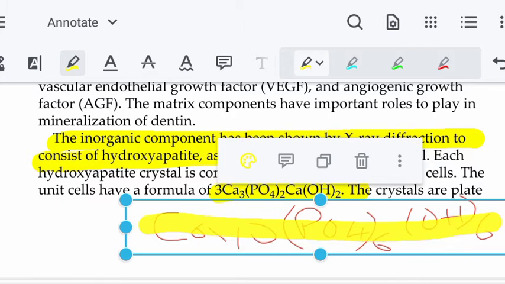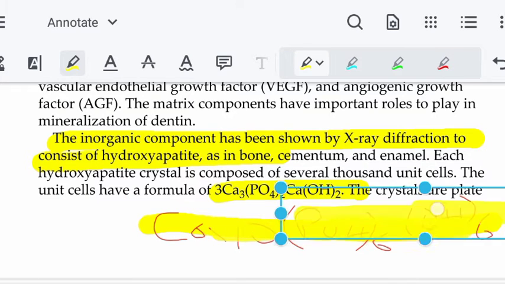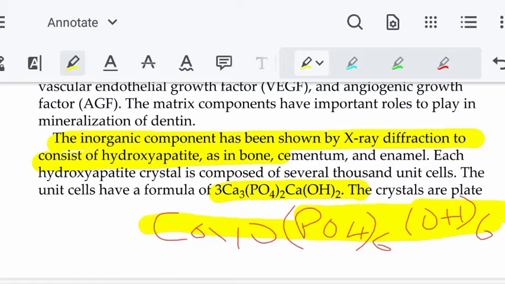I noted down this formula. Hydroxyapatite crystals formula is Ca10 (PO4)6 (OH)2.